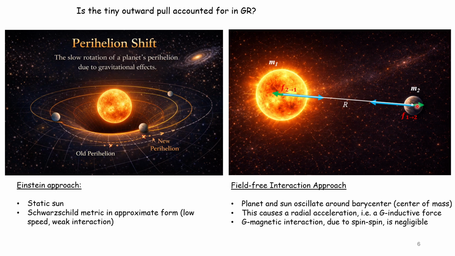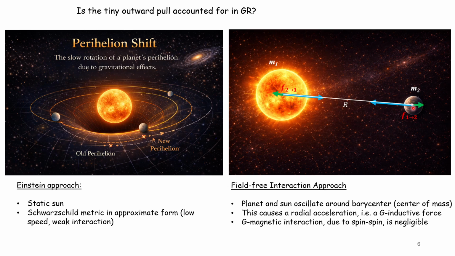There's another motion which Einstein neglected, and that is the spin of the Sun. We have calculated that too. We will not show it here, but that will give a gravito-magnetic effect. So the velocity of mass elements of the Sun, due to the spin of the Sun, interacts with the orbital motion of Mercury.